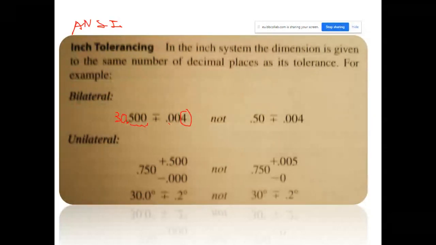How many figures do we have? The deviation has how many figures? In this example, 1, 2, 3 figures. Since deviation has 3 figures, then write the nominal value with 1, 2, 3 figures. Showing the dimension, write 1, 2, 3 figures.